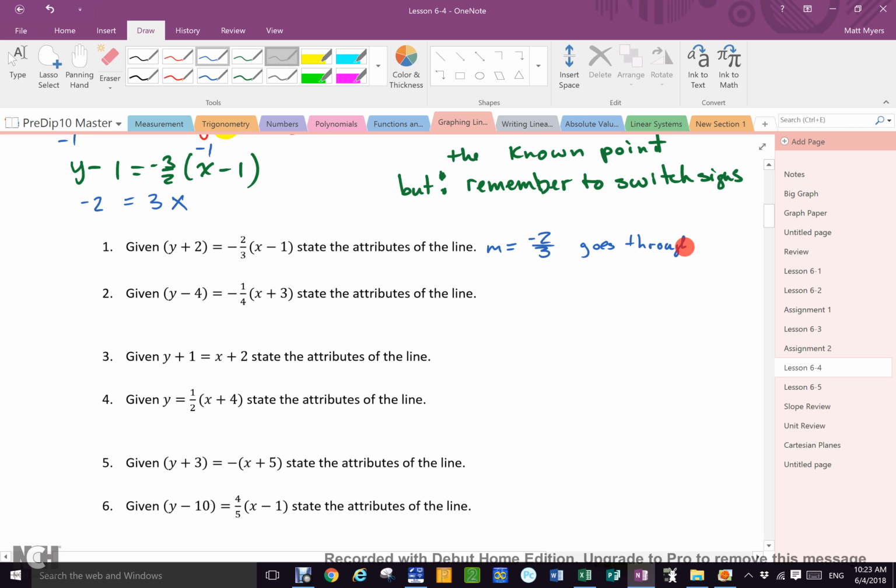And 1, -1, 0. 0, -2. And 1. 1 and -2. Because those are the points you know. Okay. So what's the next one? What's the slope? -1/4. And it goes through what point?